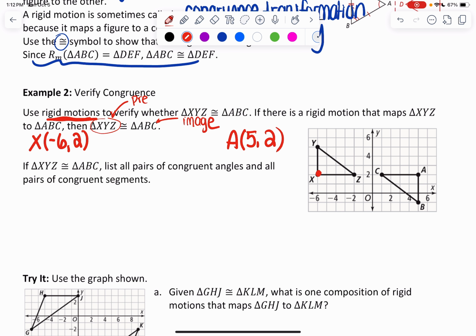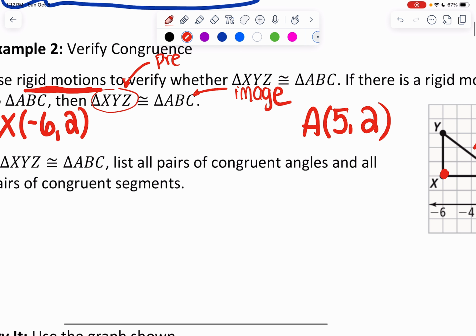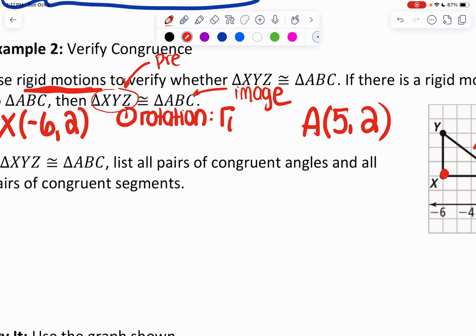The first thing I noticed is that this triangle is essentially getting flipped on its back. So I could do the first part as a rotation. If it's getting completely flipped around, that means it's rotating 180 degrees clockwise. So I'll write it like this: lowercase r, 180 degrees clockwise, about the origin.